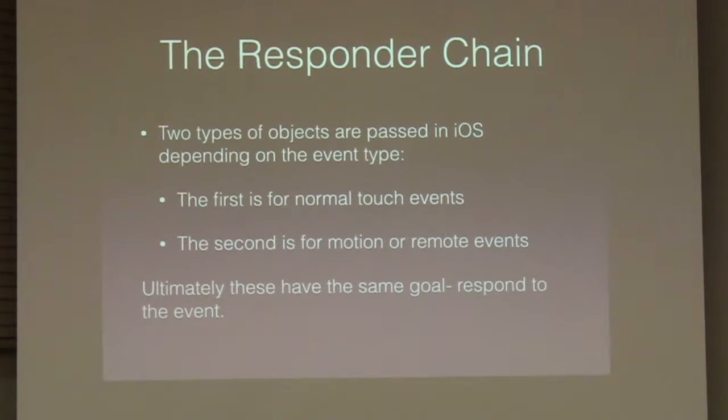And then the second is for motion or remote events, whether that's a remotely occurring event or an event that, for example, you shake the device, rotate the device, left or right, as is common. But ultimately, all of these have the same goal, and that is to respond to the event in such a way that whatever action you'd like to happen does happen.